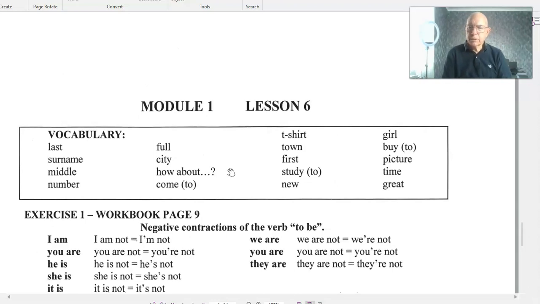Okay, where I talk about to study, to study for a class and so forth. Time, that would be used, especially if you're talking about getting together for some reason. What time is it now? What time do you want to meet?